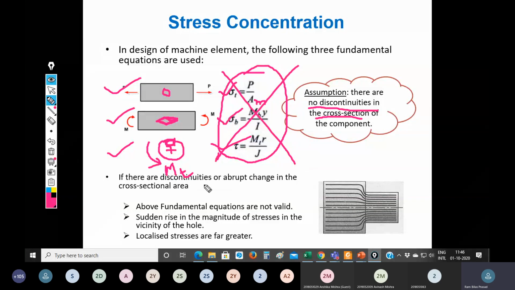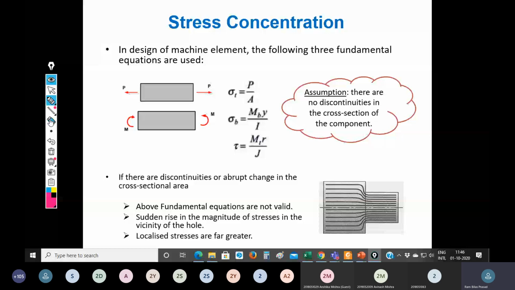Why? Because of stress concentration, and stress concentration occurs due to discontinuities or abrupt change in the cross sectional area. If there is an abrupt change in the cross sectional area or a discontinuity, then stress concentration will occur.